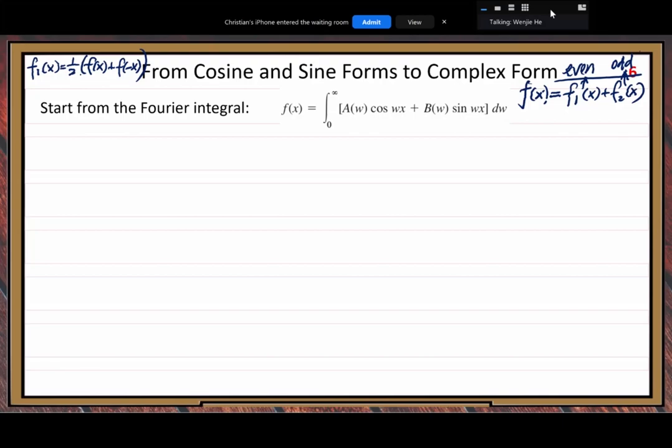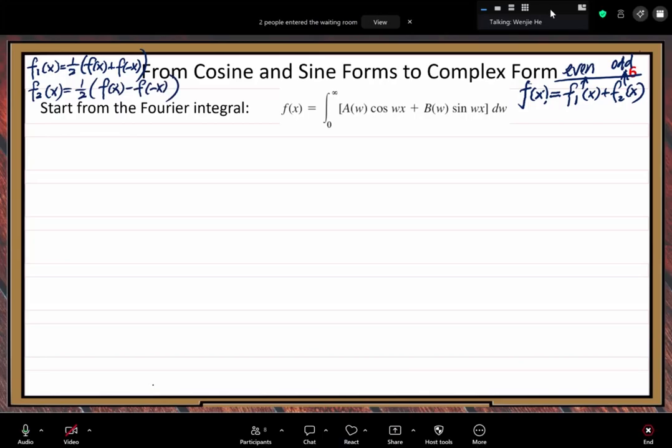That's an even function, right? You check the definition of an even function. For f2, one half of f of x minus f of negative x. Is it an odd function? You check the definition of an odd function.